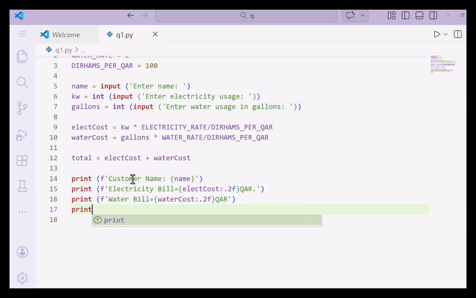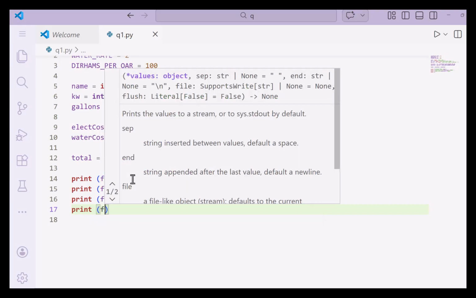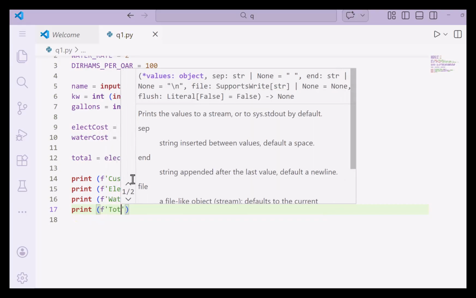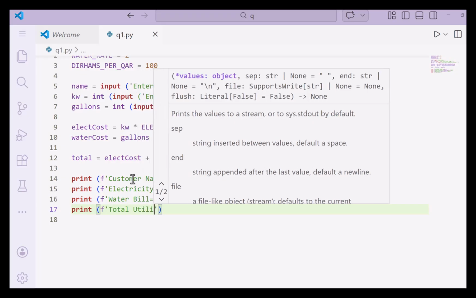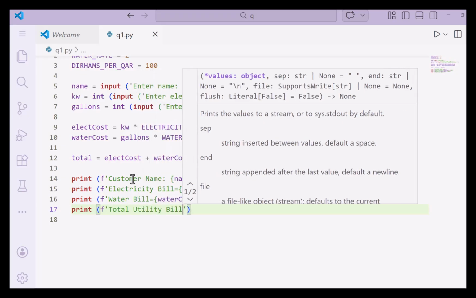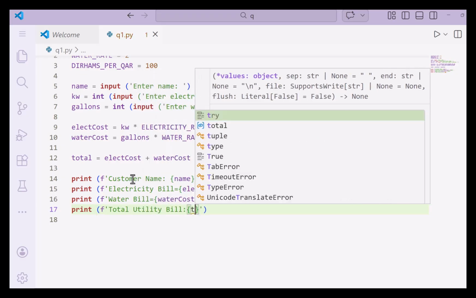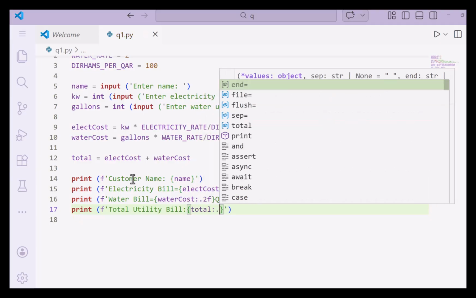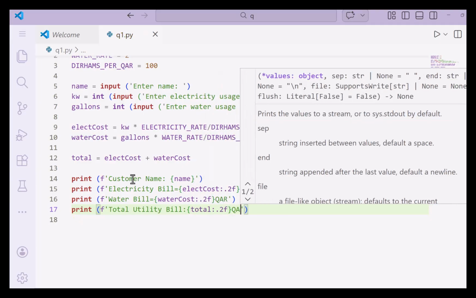So I can say print F total utility bill, and here total .2f QAR.